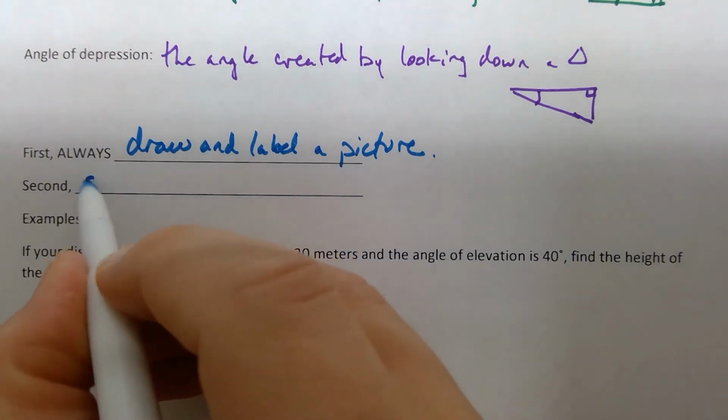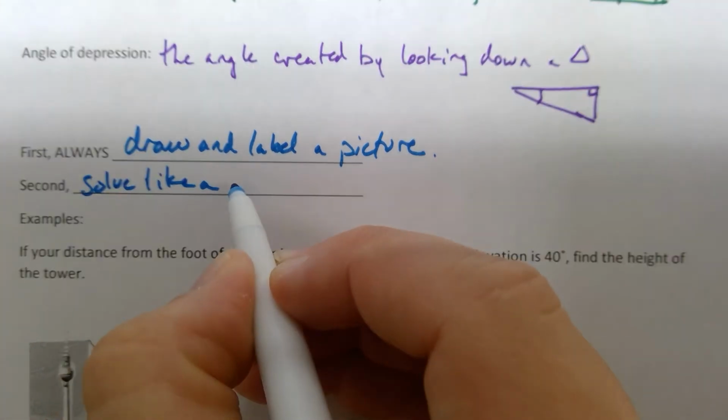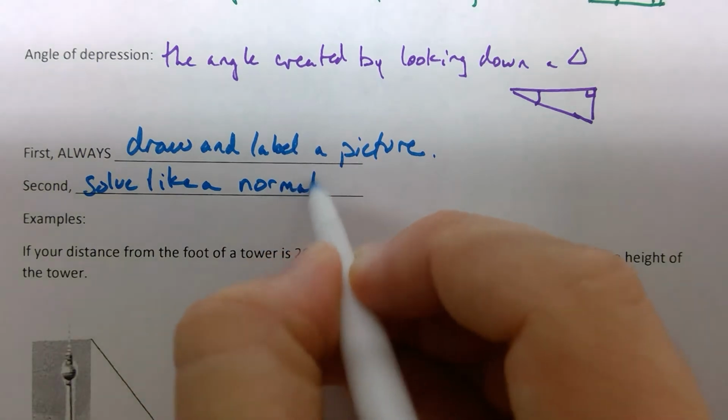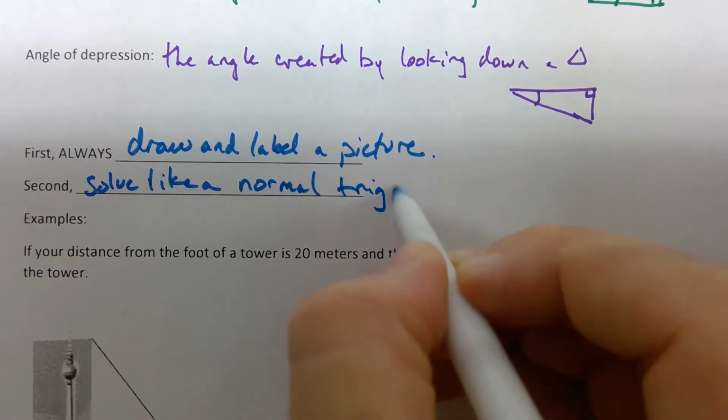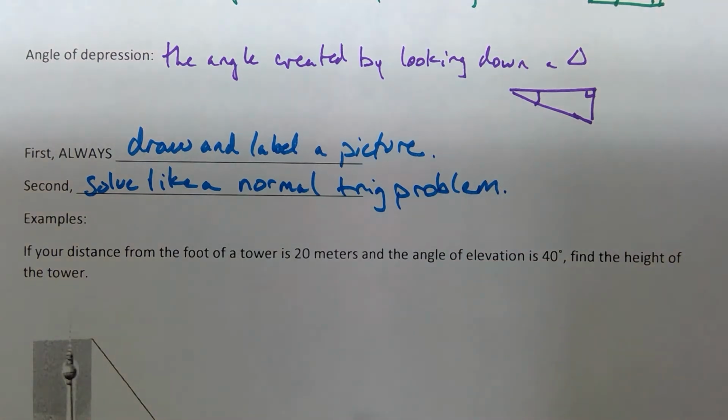Second, solve like a normal trig problem. So the only difference here is that we have to make sure that we know what everything represents in our problem. So look at a few where the triangles are already drawn for us. We'll look at a few where we're going to draw and label the triangles ourselves. And then we'll have a little bit of practice as well.